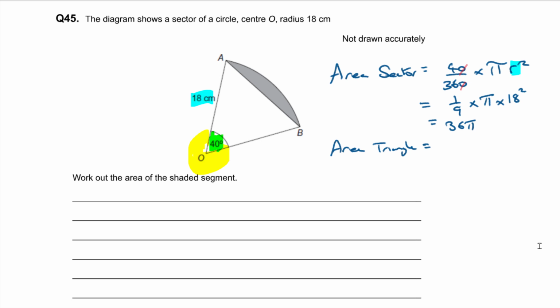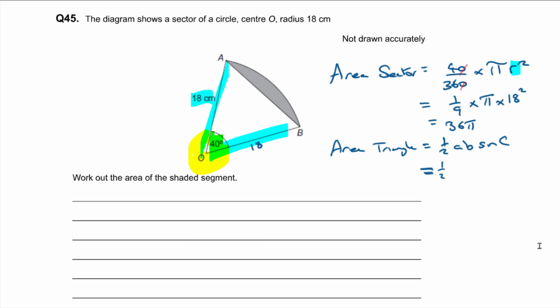Now the area of the triangle, I'm going to use the trigonometric area formula, half AB sine C, aren't I? So half AB sine C. So remember, it's the two sides that you know and the included angle. So I've got that one marked at 18, but this one is also a radius, so that's also 18. So these are the two sides that I know, look. And the 40 is the included angle. So I'm good to use the rule.